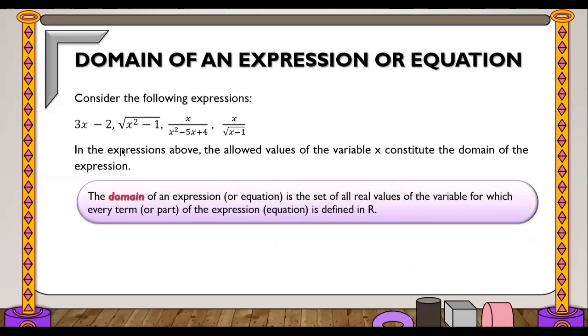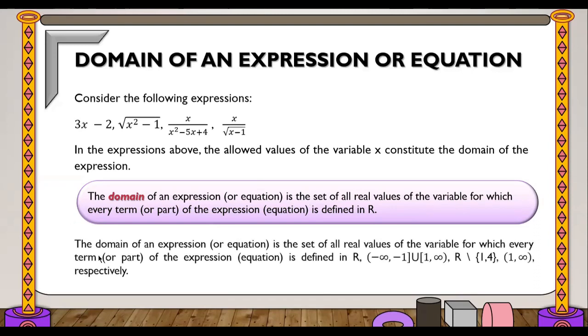So, yung mga ginawa natin na kinuha natin yung value of x, the set of values of x, ang tawag natin doon ay domain. So, the domain of an expression or equation is the set of all real values of the variable for which every term or part of the expression or equation is defined in real number. Okay? Yan ang tinatawag na domain.